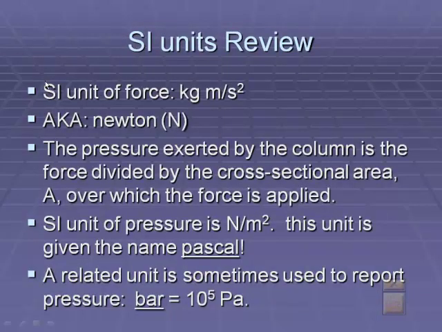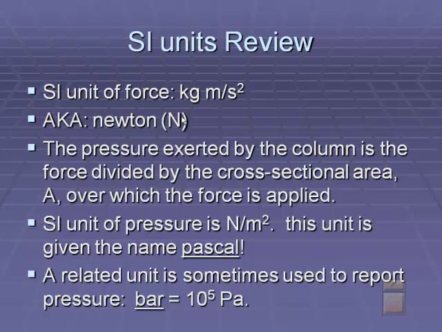All right, so back to that last question about the gravitational force or pull acting on the gas above a 1 meter squared section. The SI unit for force is kilograms times meters per second squared. This is also known as a Newton, symbolized as a capital N. The pressure exerted by the column is the force divided by the cross-sectional area over which the force is applied.